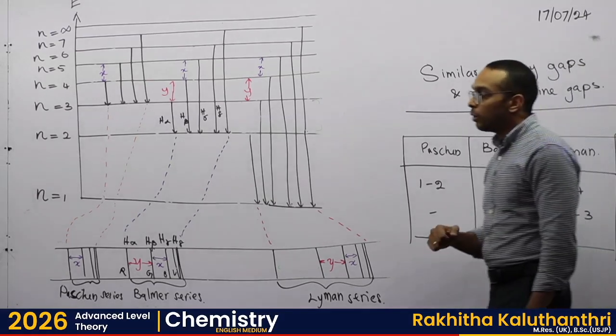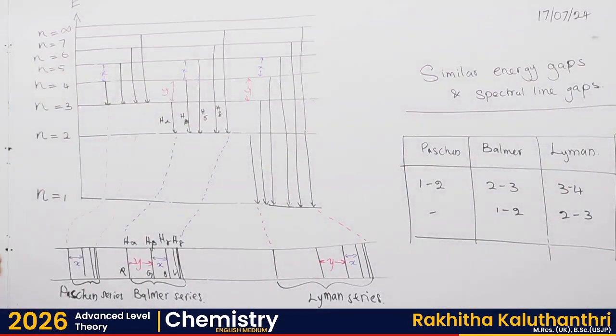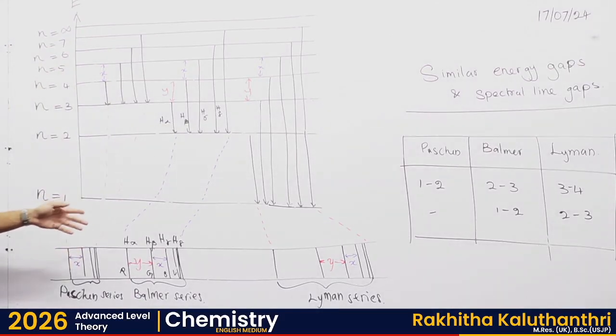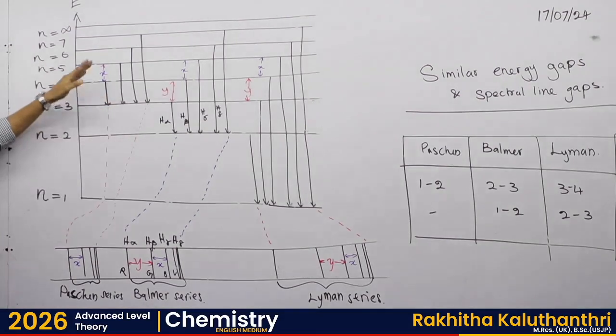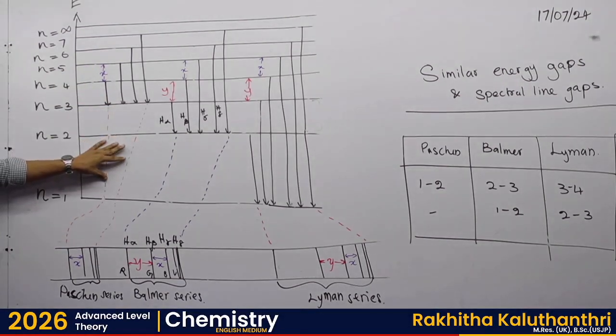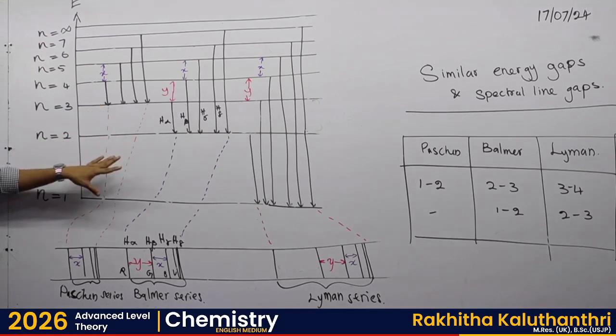Right. So by now we have discussed a lot of details about the emission spectra of hydrogen, and the emission spectra of hydrogen was explained this particular way by a scientist known as Niels Bohr. He was actually able to show the presence of energy levels within the atom with the use of this model, right?